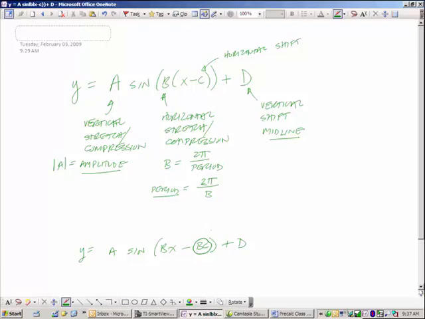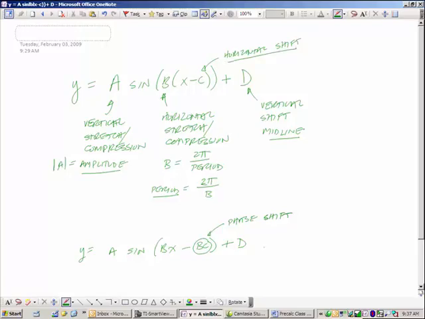If you ever have a function that looks like that, without the b factored out, but the b distributed in, it does have a special name, and it's called the phase shift. We are going to be more concerned about the horizontal shift than the phase shift.